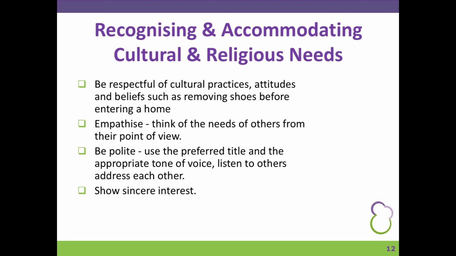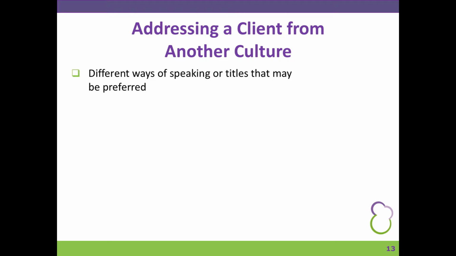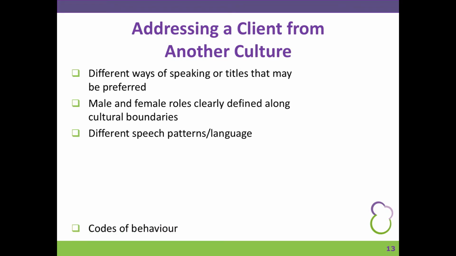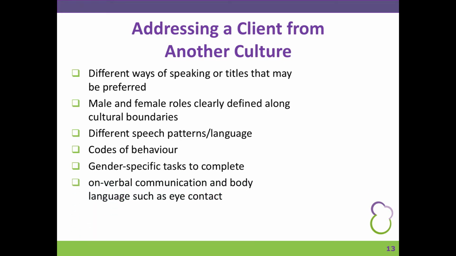When addressing a person from another culture, you may need to consider the following: different ways of speaking, or a title that a client may prefer. Male and female roles can be clearly defined along cultural boundaries. Different speech patterns and languages, codes of behaviour, gender-specific tasks, non-verbal communication and body language, such as the use of eye contact.